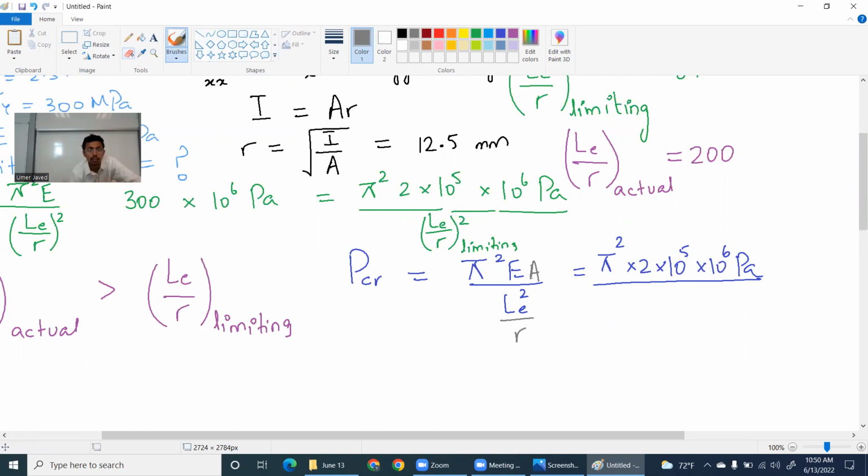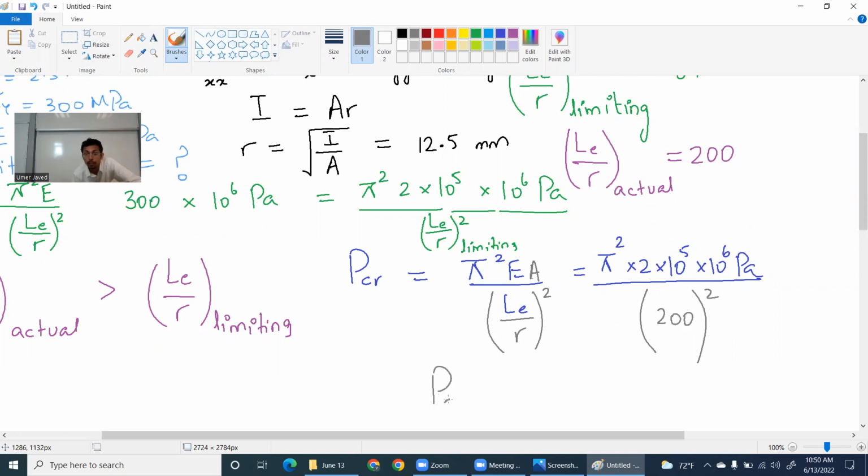Correct? I think this is what you were telling me, right? I hope our students are correct. Our students said, why don't you do like this? Okay, now what you will do is, this will be actual, of course. So now what was LE over R actual? I'm not sure why my notes have something different, but anyways. So I will write the 200 square.